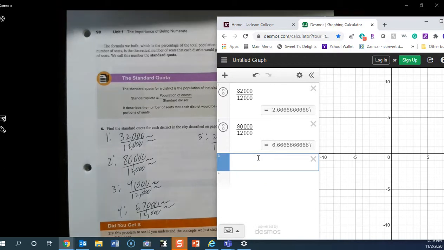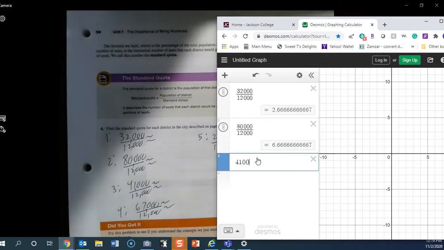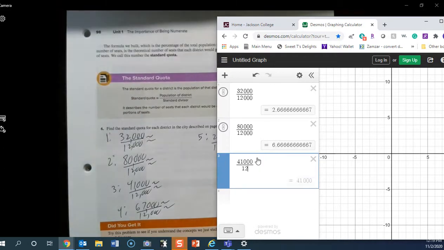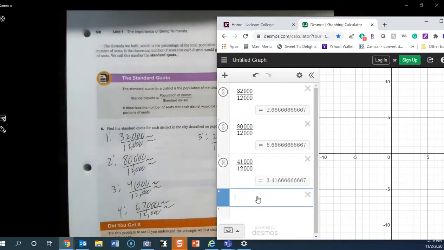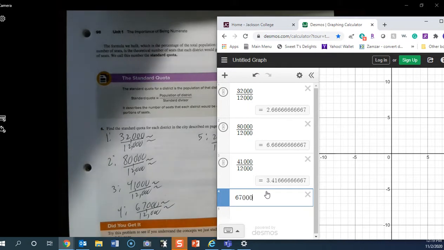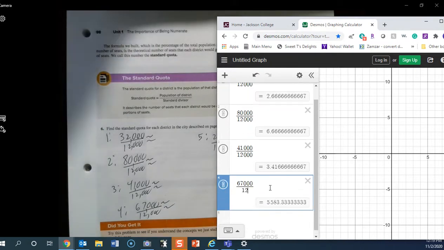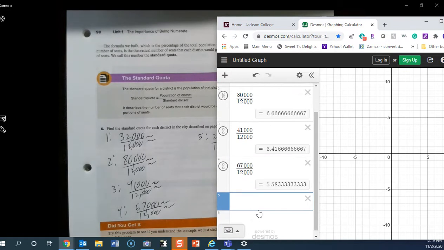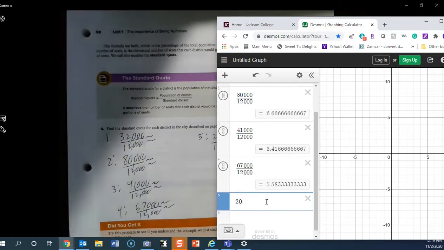We already did District 3, but I'll just redo it. 41,000 divided by 12,000. District 4, 67,000 divided by 12,000. And then District 5 was 20,000 divided by 12,000.